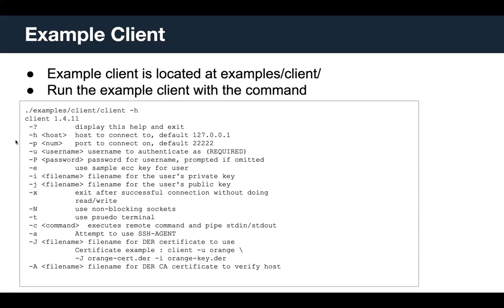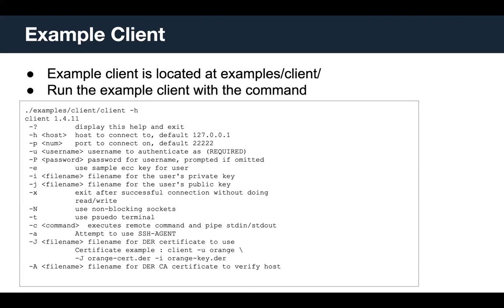And with our example client, it's set up a little bit differently than what you would standardly think of for a client, in that it has a -u for the username, which is required, and it also has -p for the port and -h required for the host that it's going to connect to.